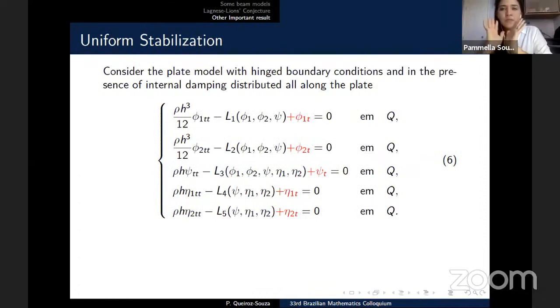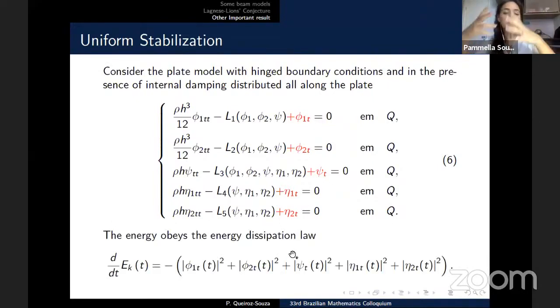And just to finish, I would like to comment about the uniform stabilization. If we consider the plate model with internal damping distributed along all the plate here, the energy associated with this problem is given as above, but now the energy obeys this dissipation law.